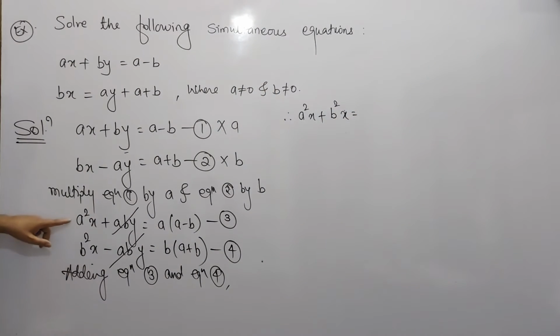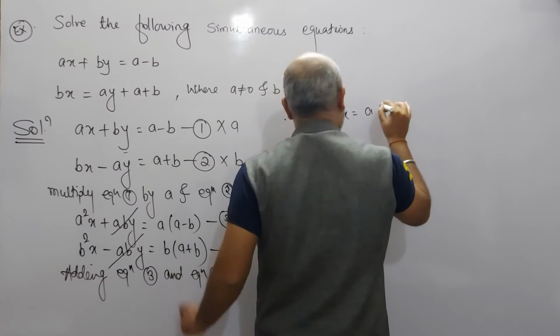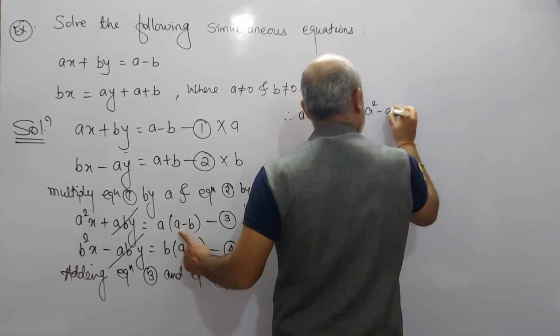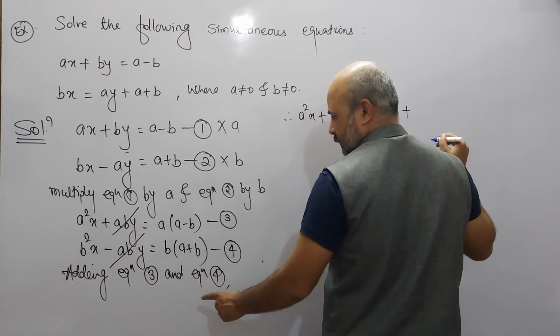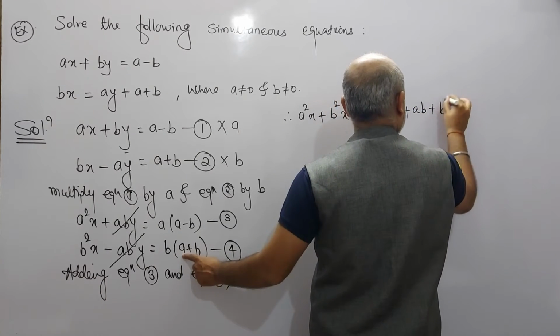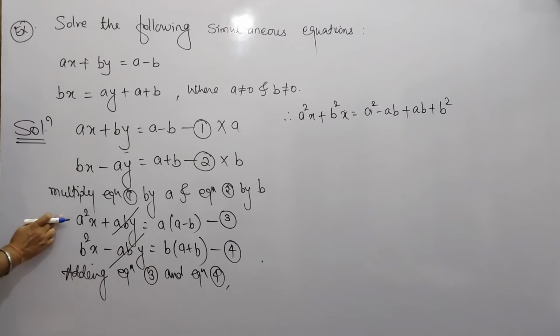You are adding now, you will get a square x plus b square x is equal to what? On the right hand side, multiply: a square minus ab plus ab plus b square. So the left hand side you add, a square x plus b square x.